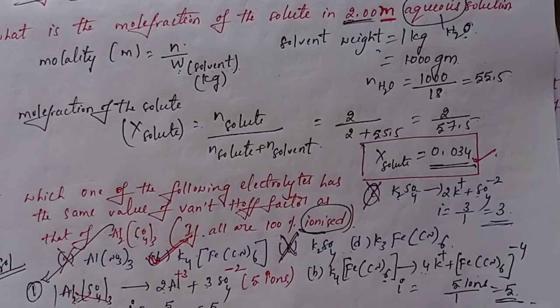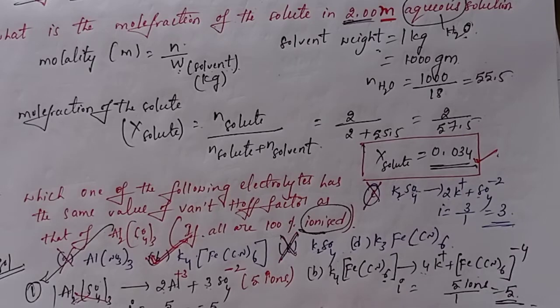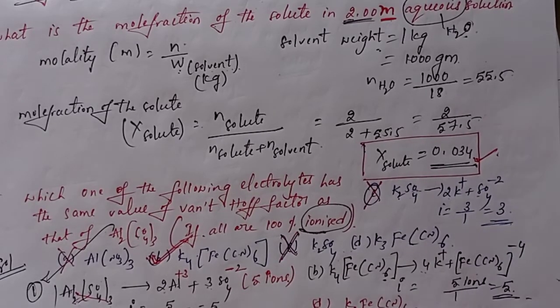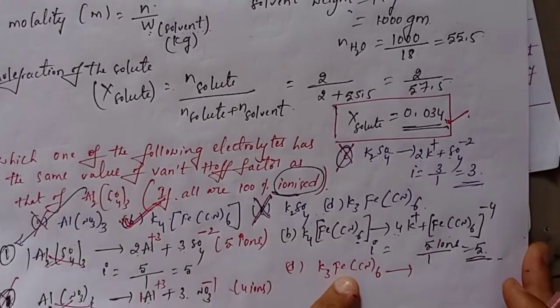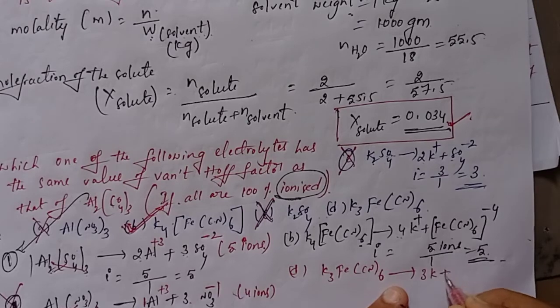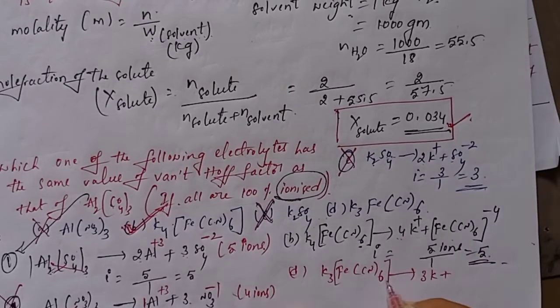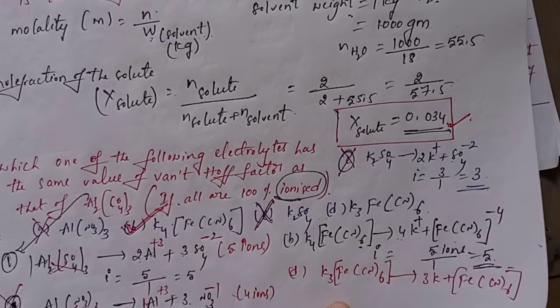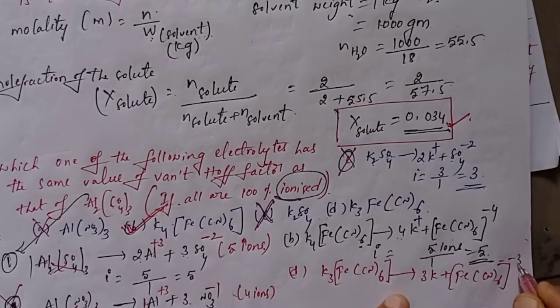Next, coming to the last option, K3[Fe(CN)6]. See, D option, what is given? K3[Fe(CN)6]. How does it dissociate, students? Total 3 potassiums and [Fe(CN)6]. Since there are 3 potassiums, its charge is minus 3.